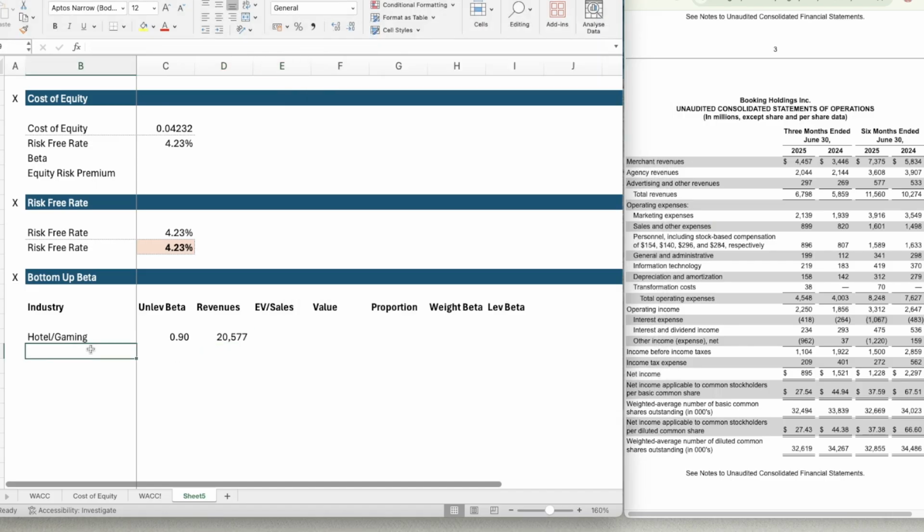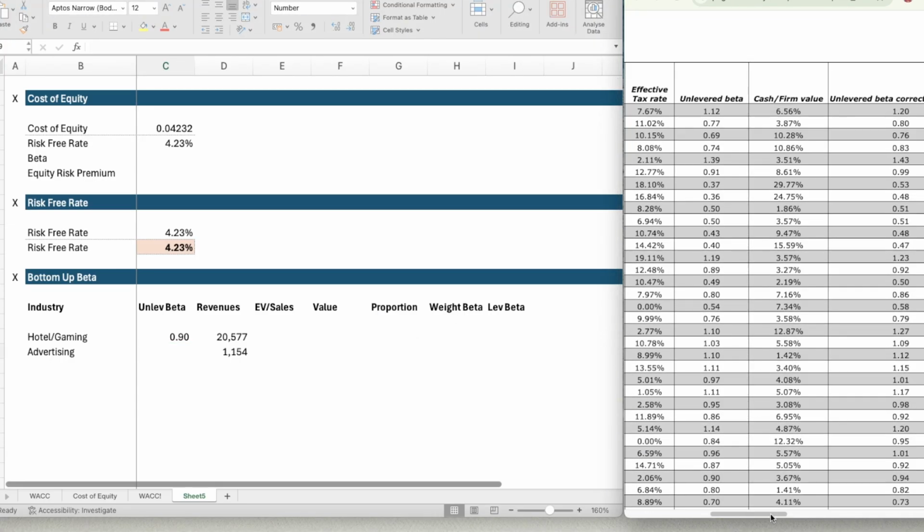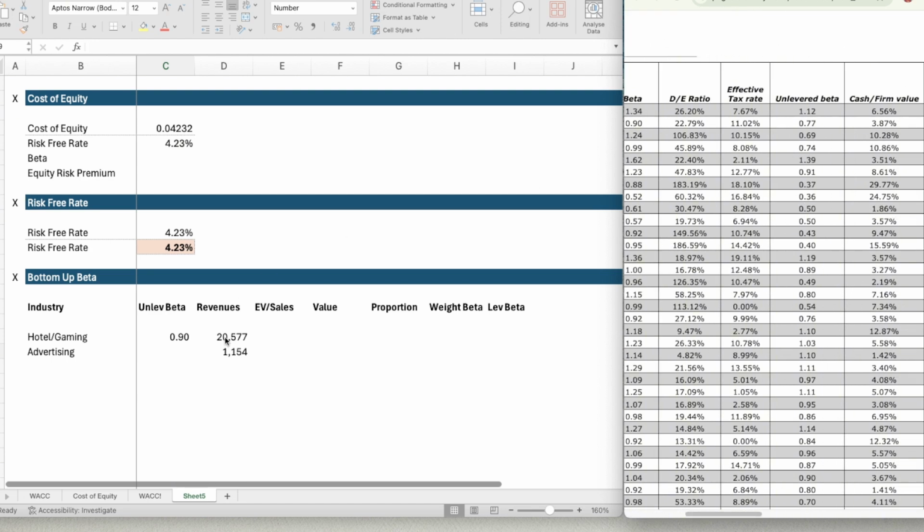Then the next segment that we said was advertising. And we know that advertising revenues equals 577 multiplied by 2. And the beta for that is, it's just at the top, I think it's 1.12. Yeah, 1.12.